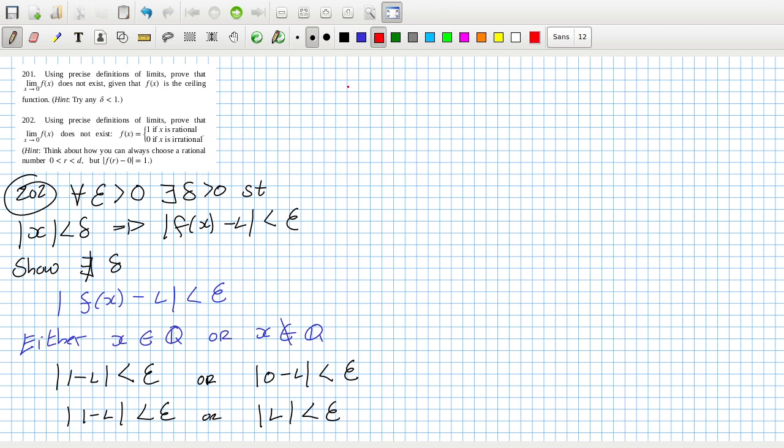So choose epsilon to be the minimum of L and 1 minus L, as long as L does not equal 0 or 1.